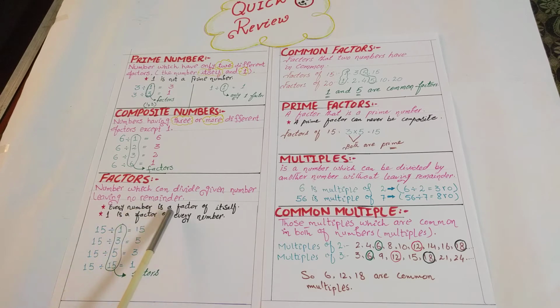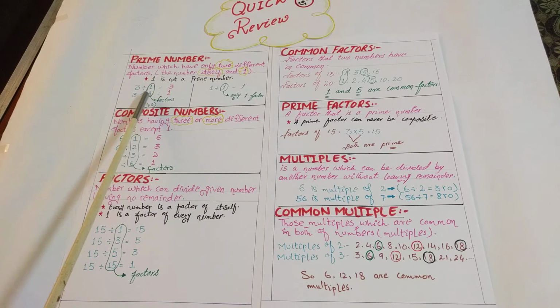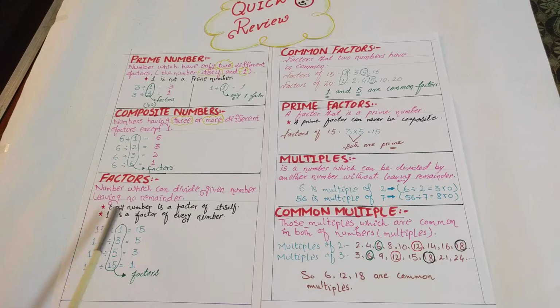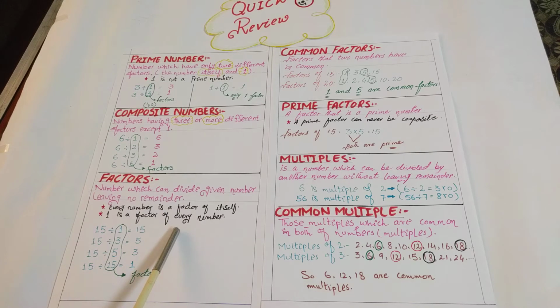Every number is a factor of itself, because every number divides itself without leaving any remainder. And 1 is a factor of every number, because 1 divides every number.